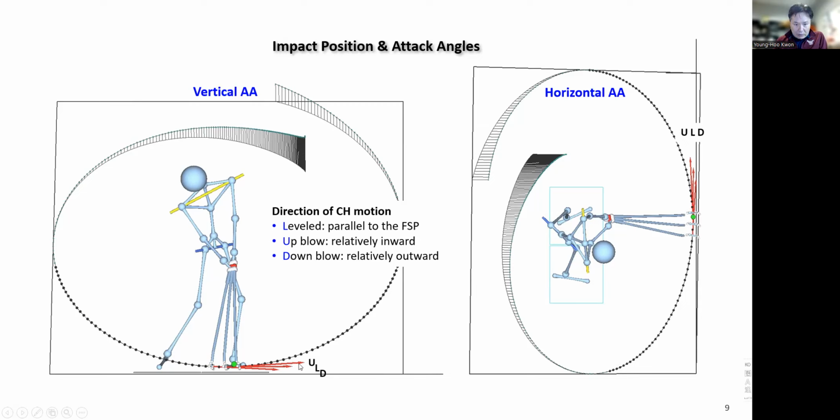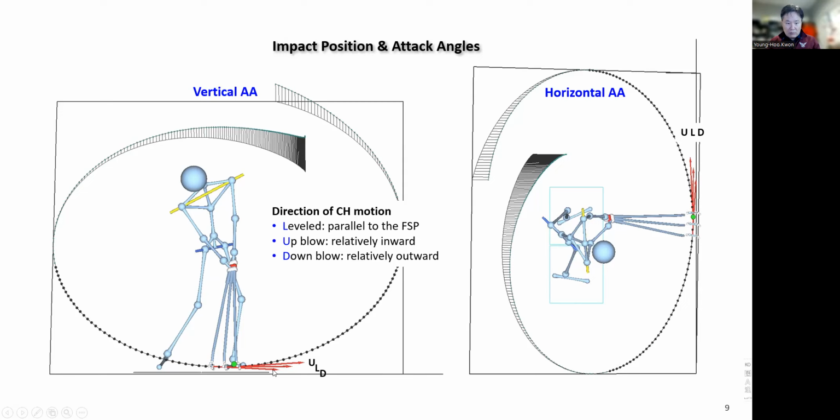The middle one shows the leveled impact. So the club head is at the low point of the trajectory, moving horizontally. If the impact occurs at this point, then the vertical attack angle will be 0. And then the direction of the club head motion is the same as the direction of the swing plane.